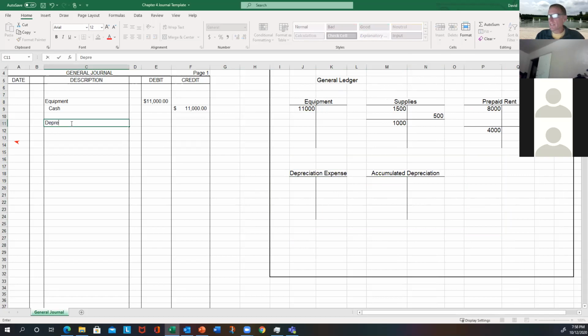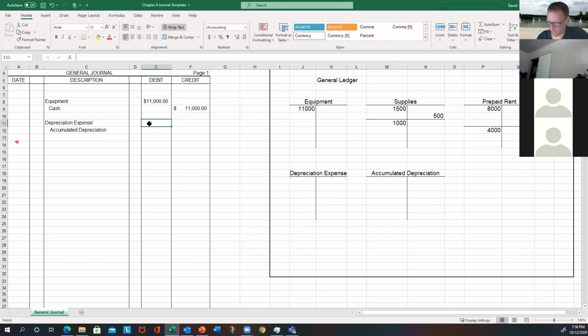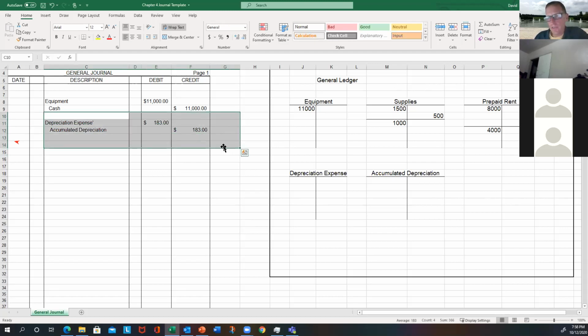So our adjusting entry would be to debit depreciation expense and then credit accumulated depreciation for $183. So this right here would be the actual adjusting entry.